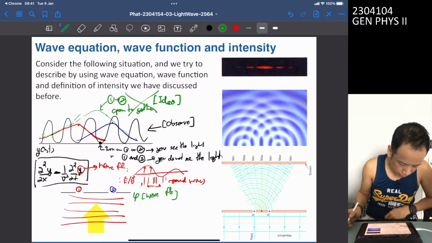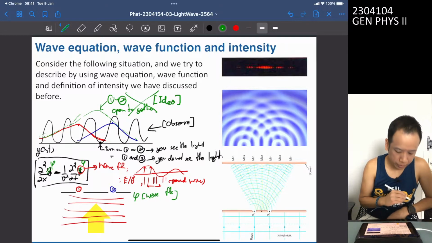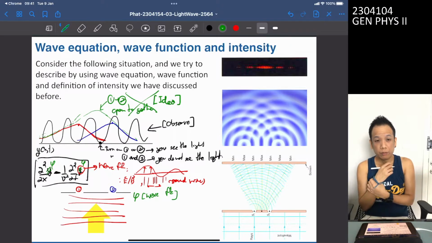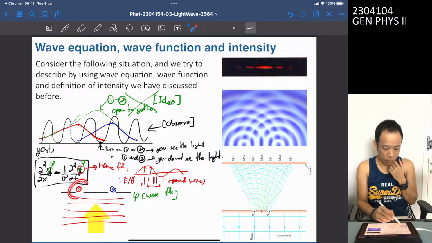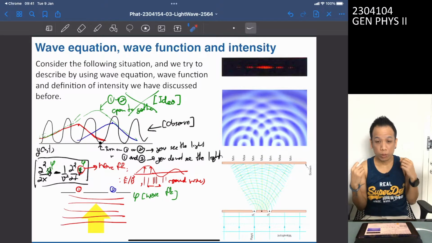Then we talk about the property of the wave function first. Why do we need to discuss the property of the wave function? Because we are talking about the situation where you have the wave from point source 1 and the wave from point source 2. When you turn them on together, the wave functions need to be added up.